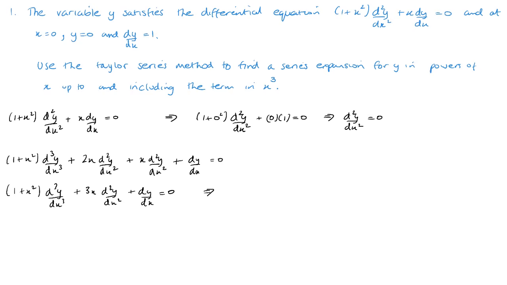And then substituted into this one, we've got 1 plus 0 squared d3y by dx cubed plus 3 times 0 d2y by dx squared, which is also 0, plus dy by dx, which is 1. So that's going to give me d3y by dx cubed is going to equal minus 1.